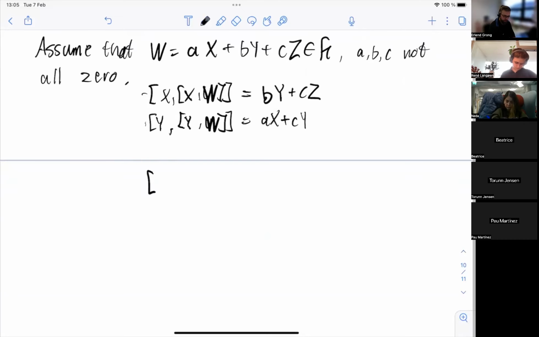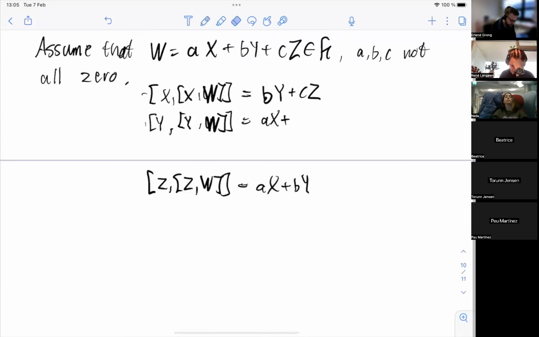And if I do Z twice, I get AX plus BY. Sorry, there's a mistake in the notes that I have to fix. So doing this double bracket, we can sort of get rid of one of these things, either the part with X, the part with Y, or the part with Z.